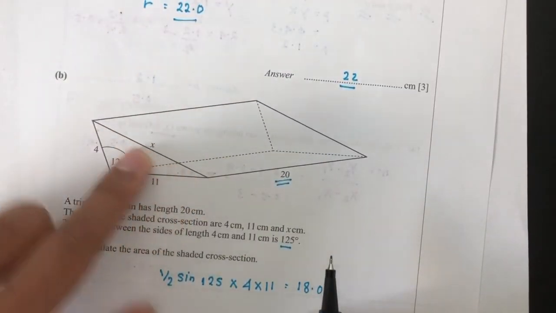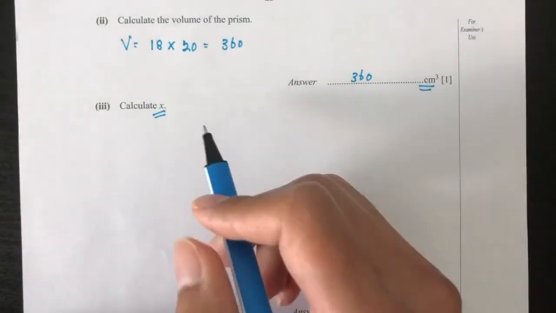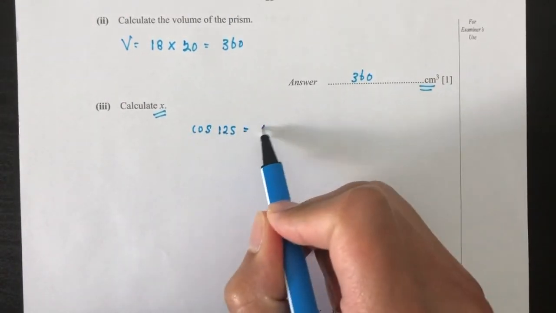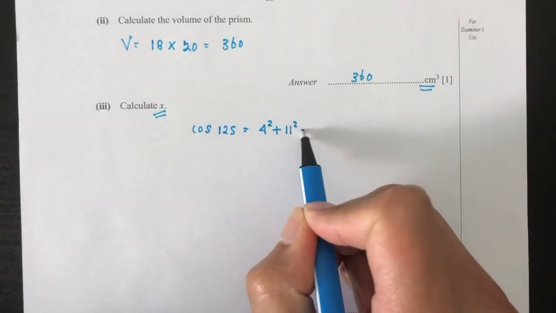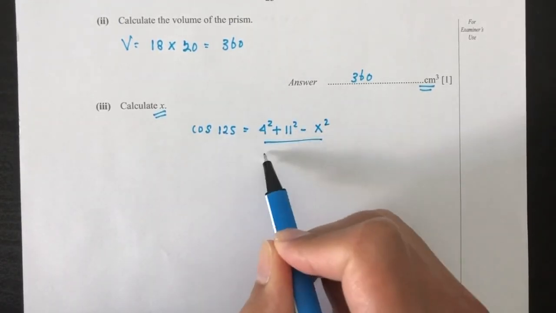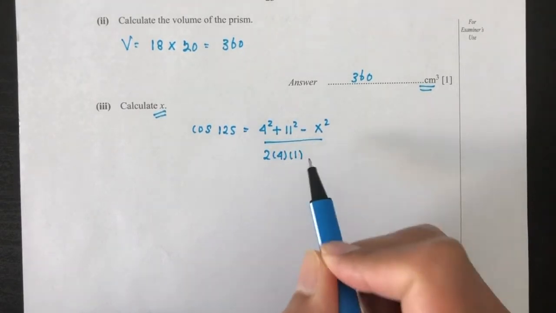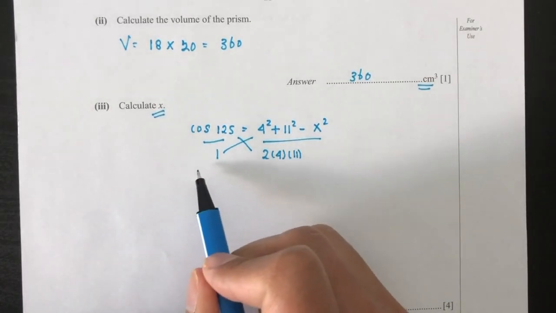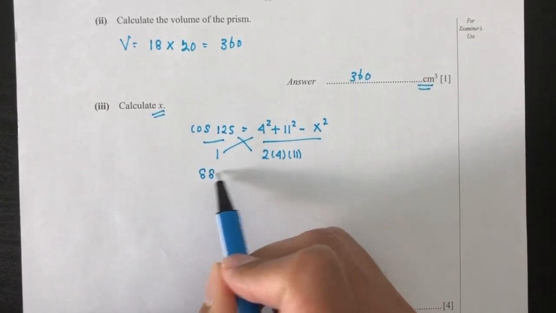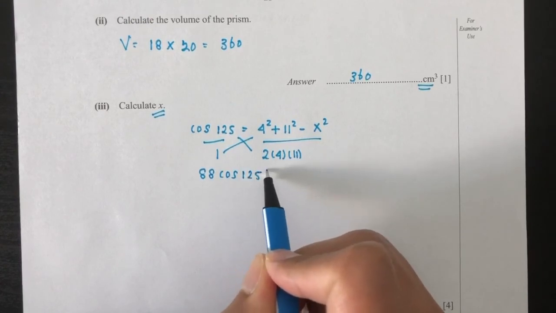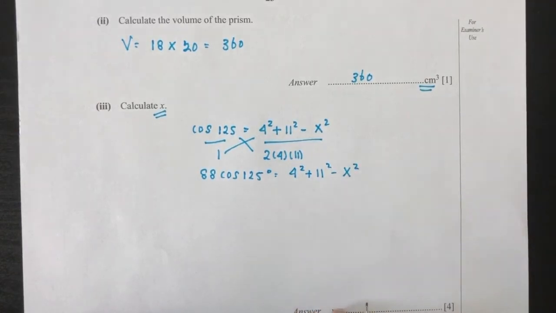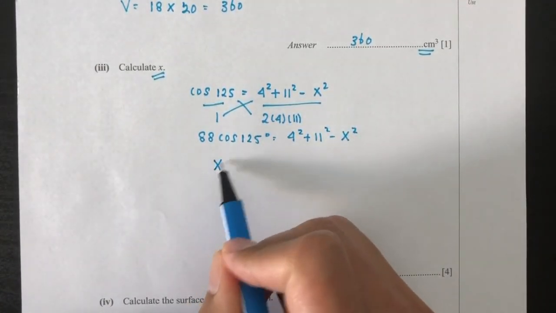Now part 3, calculate the value of x. The value of x here, as you can see, will be this length. You have to use your cosine rule. So cosine of the angle 125 is equal to 4 squared plus 11 squared minus x squared, divided by 2 times 4 times 11. Now you have to cross multiply, so turn this over here. You will have 88 cos of 125 equals 4 squared plus 11 squared minus x squared. Now you have to make x squared the subject of the formula.